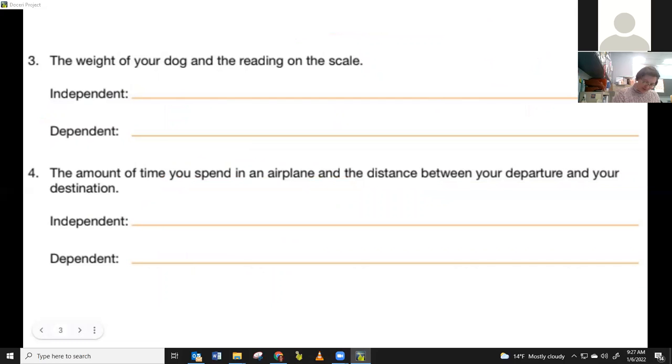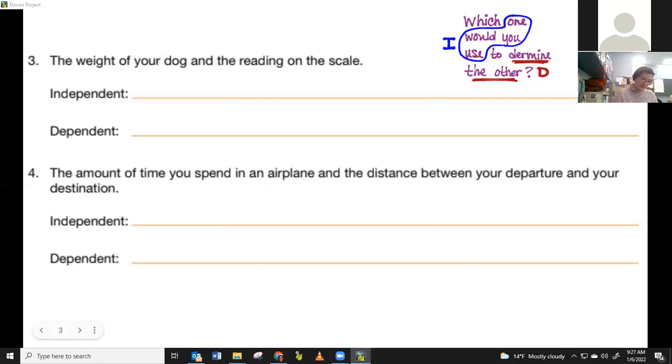Let me get my little sheet up here. Which one would you use to determine the other? The weight of your dog and the reading on the scale. What are the 2 variables?